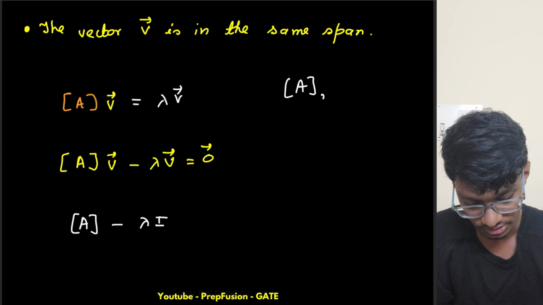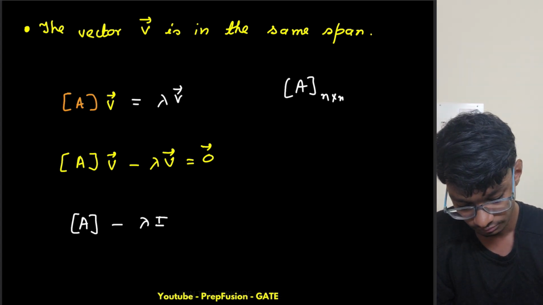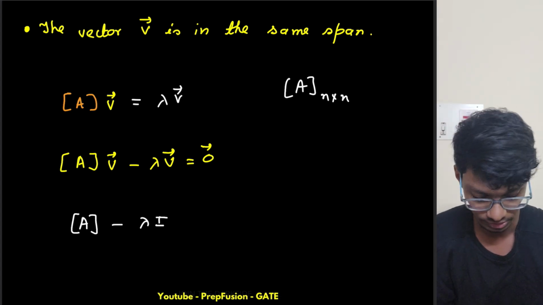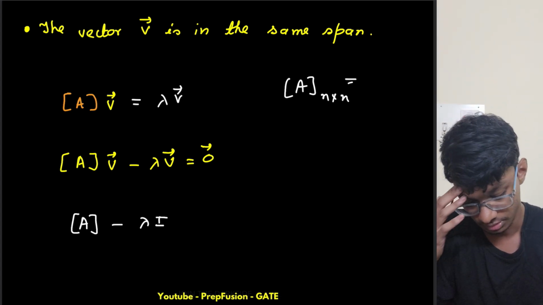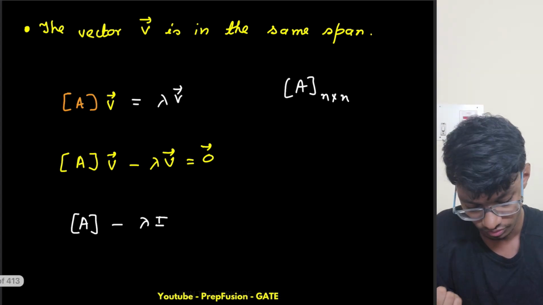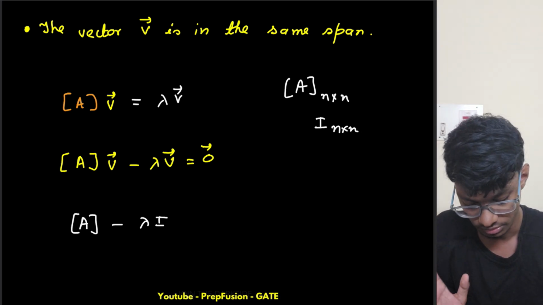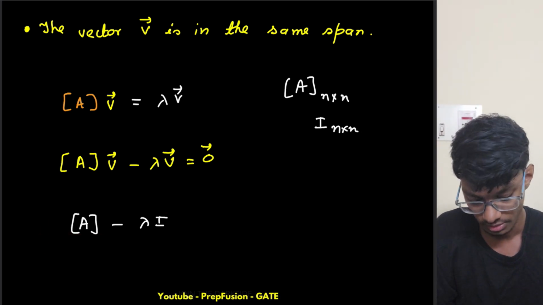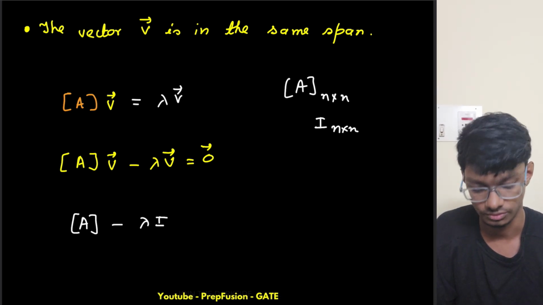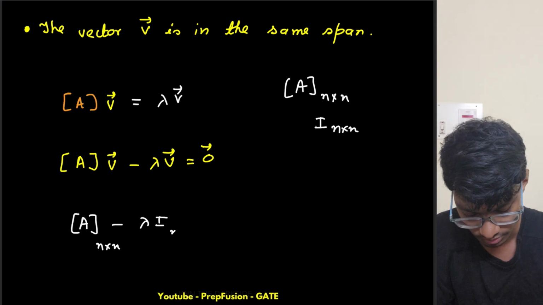So this is n cross n, and the identity I has to also be of order n cross n, just to subtract similar amounts. I hope you have already done this in college, so I'm not going into too much detail. So this is n cross n, and this is also n cross n.